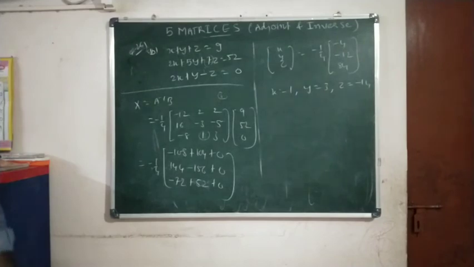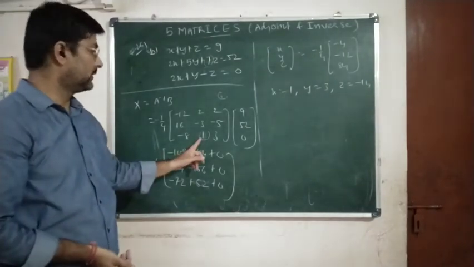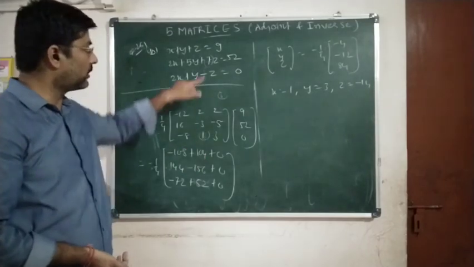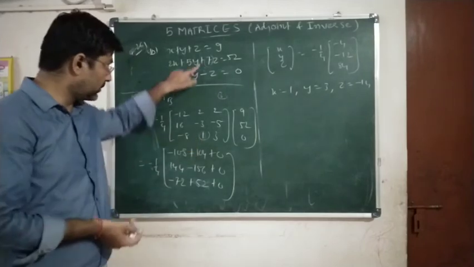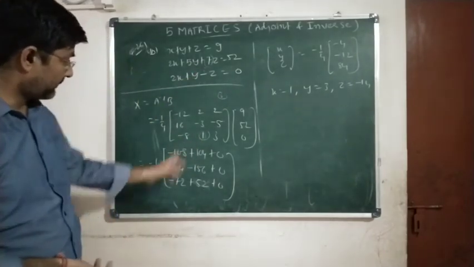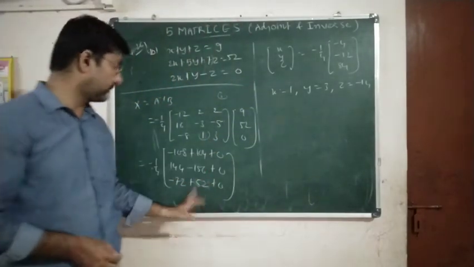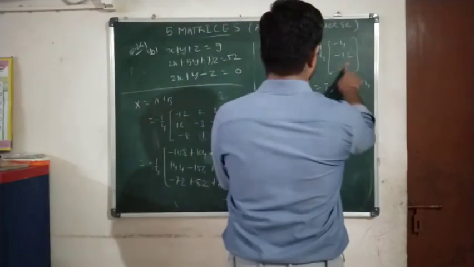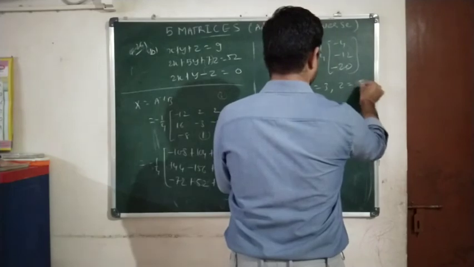So there was a mistake. The mistake was in writing the cofactor of 7. So you make the correction that the cofactor of 7 is 1 only. Clear? And therefore now you will come to know that 1 into 52, 52. So here we will get 20 minus, and therefore the answer of z will be 5.